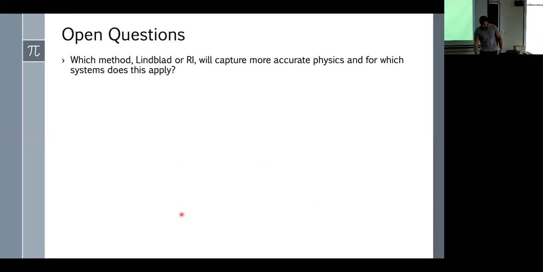So I'll talk briefly about some questions I'm still interested in. There's a question of which method, Lindblad or repeated interactions, actually captures the physics better. Different from many other bounds in the literature, this convergence parameter is where we're implementing one map to converge to another.